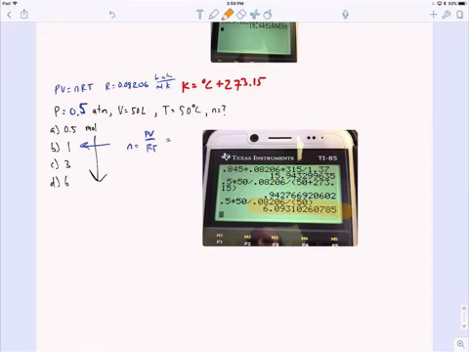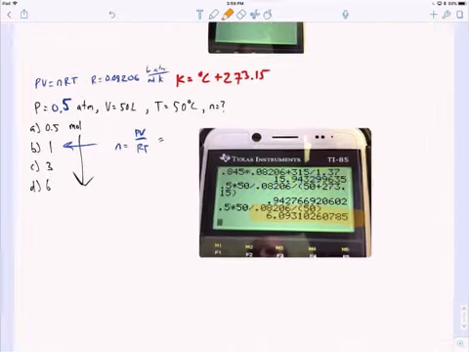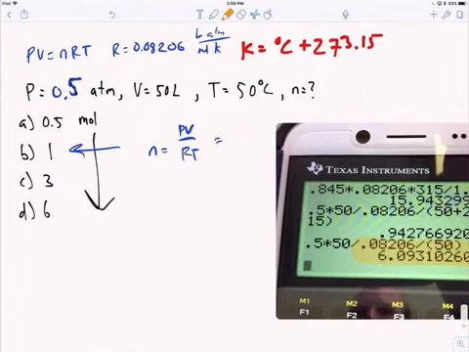Question? N is always in moles? Yes. P is pressure, V is volume, N is moles, R is the gas law constant, T is temperature. Now one thing, just when you thought you got it, I'm going to confuse you further.